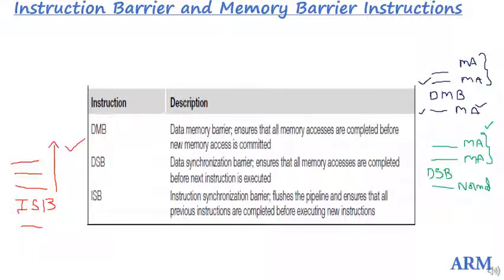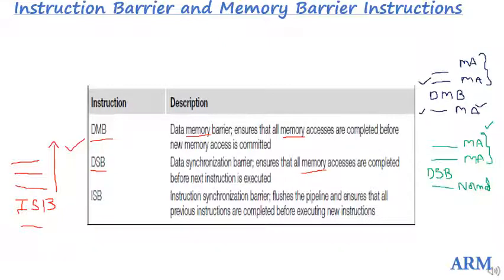So note the difference here. In case of DMB and DSB instructions, these two instructions ensure that the memory access instructions previous to this instruction are completed before going for the third instruction, which is a memory access in case of DMB and some normal operation in case of DSB.